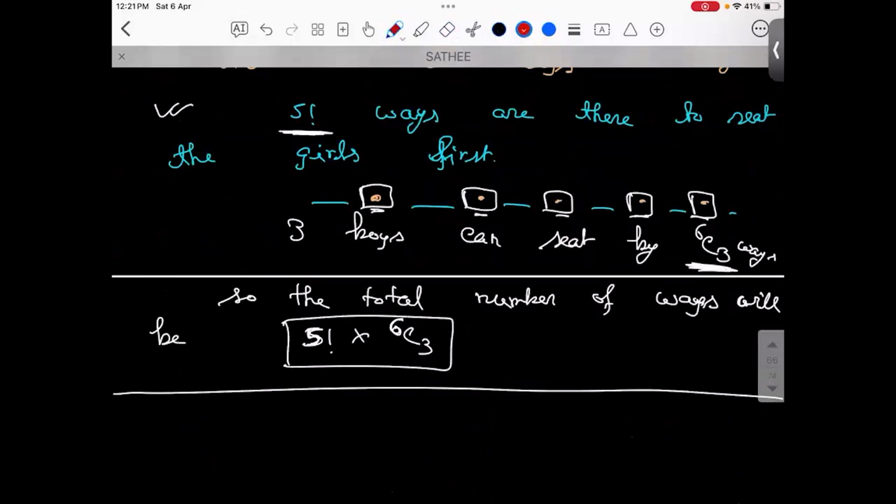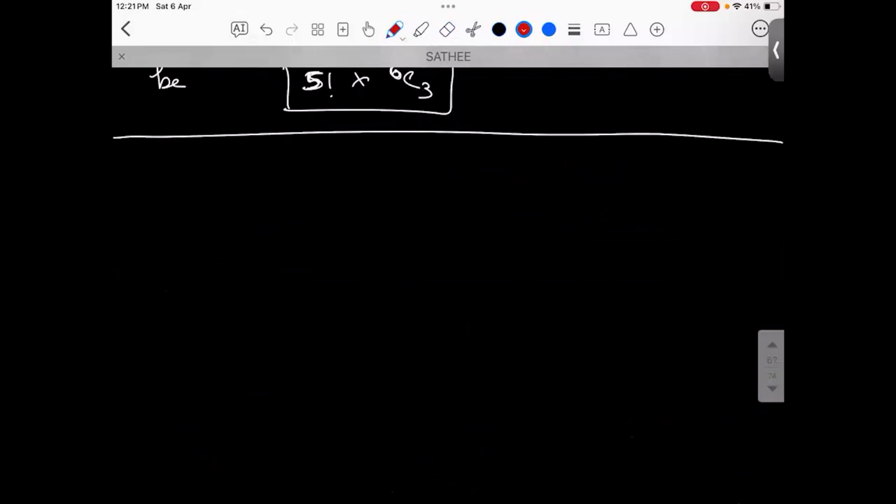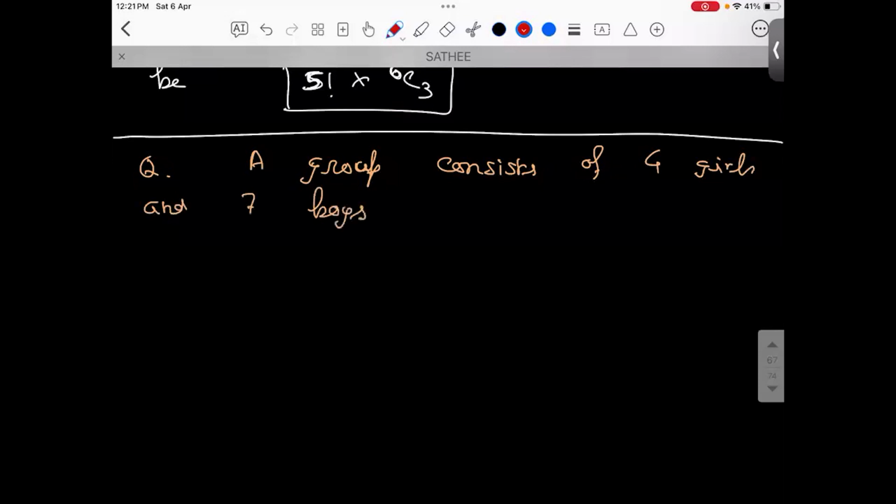Okay. Now let us go with the last example for today's class. The example is: a group consists of 4 girls and 7 boys.